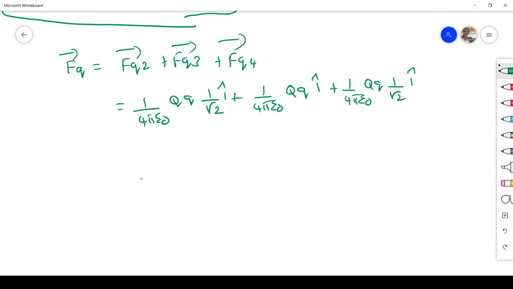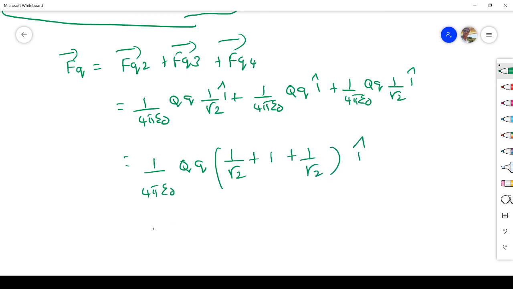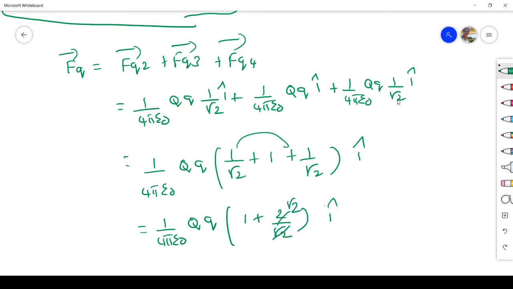So if we add all the things, what is common? 1 by 4 pi epsilon naught Q q are all common, right? This is 1 by root 2 plus 1 plus 1 by root 2, I cap. 1 by root 2 plus 1 by root 2 is 2 by root 2, and 2 by root 2 is root 2.